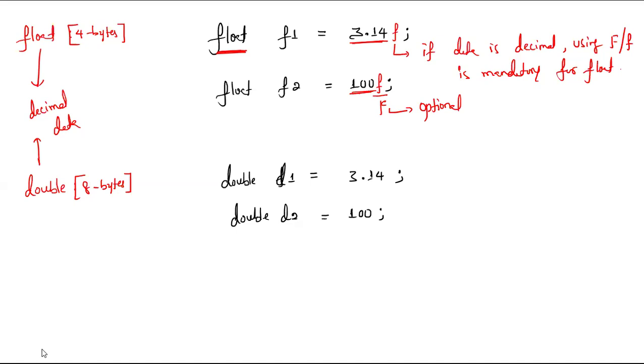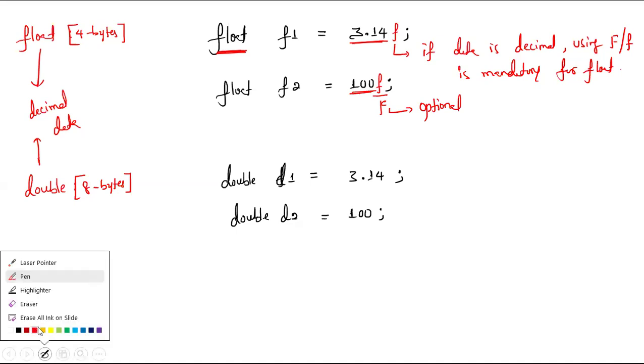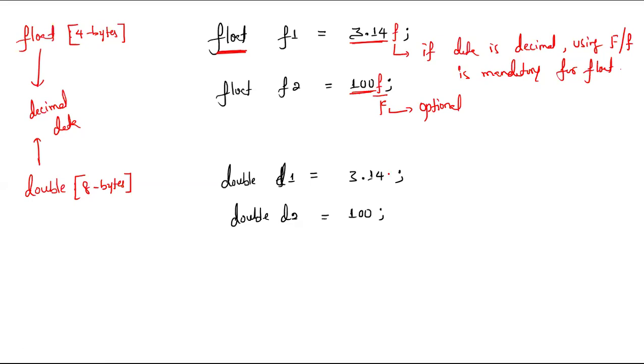For double, it is not mandatory to use D capital or D small in the first scenario or in the second scenario. It is optional in Java for both scenarios, even for decimal data or non-decimal data.